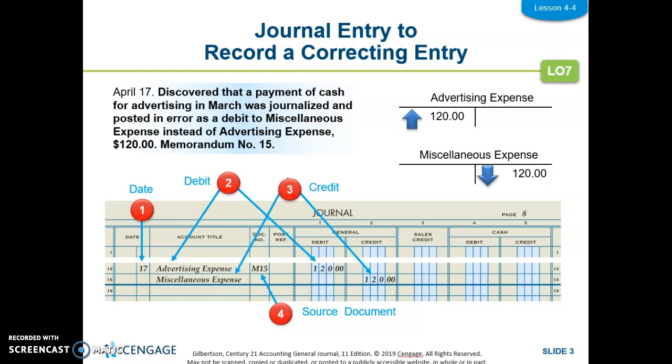Because the advertising expense account has a normal debit balance, advertising expense is debited for $120 to show the increase in this expense account. The miscellaneous expense account also has a normal debit balance. Therefore, miscellaneous expense is credited for $120 to show the decrease in this expense account.